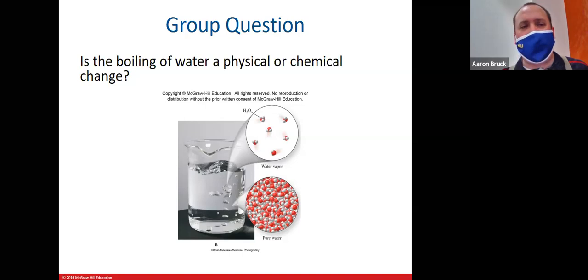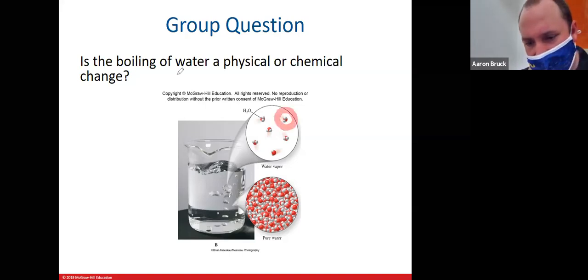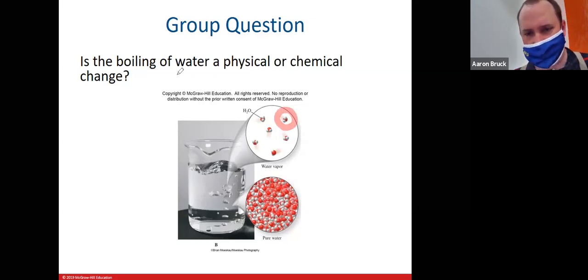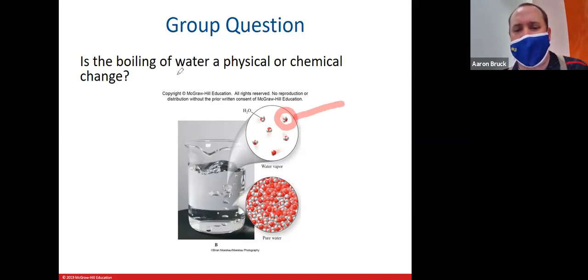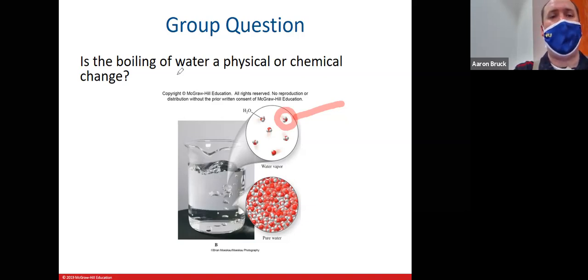The other thing that we need to look at is, let's look closely at the molecules themselves here. What's the chemical formula of this water molecule here in the gas phase, in the vapor? This one's easy.